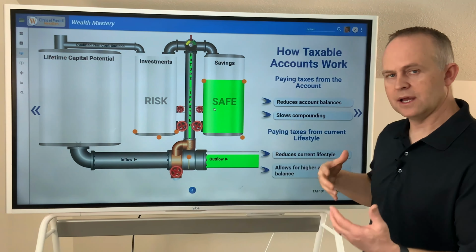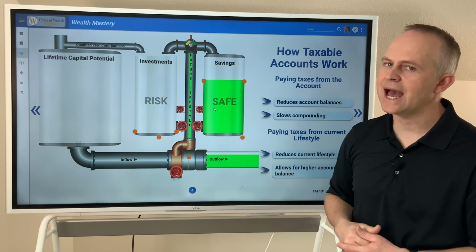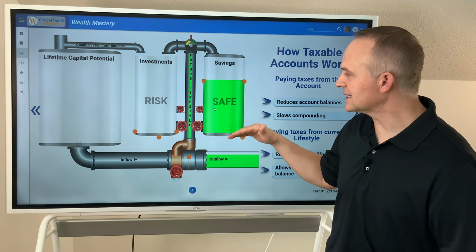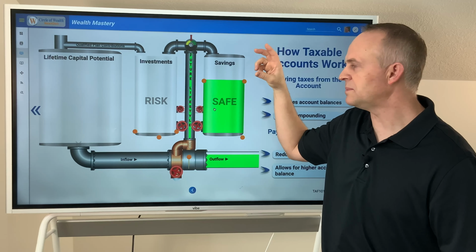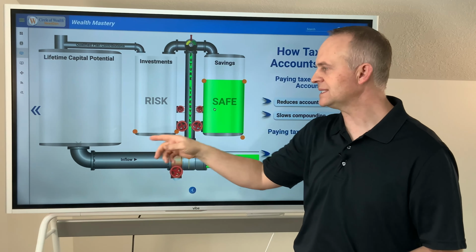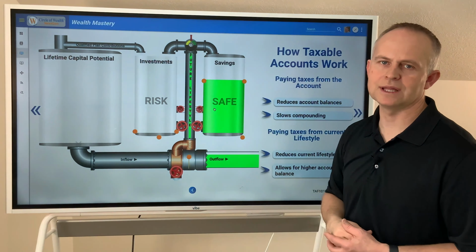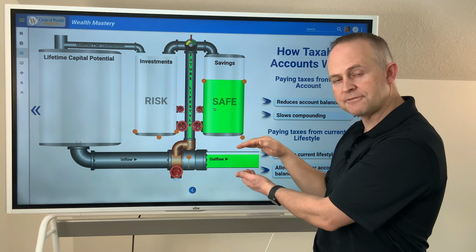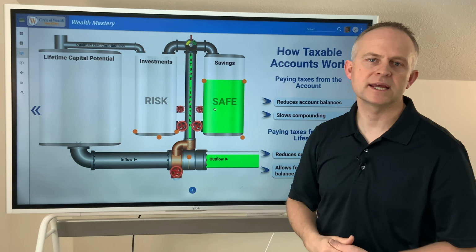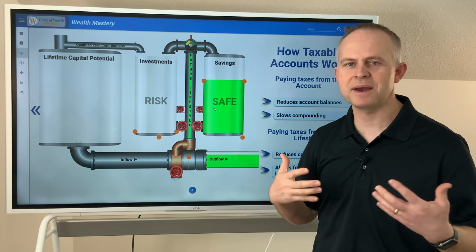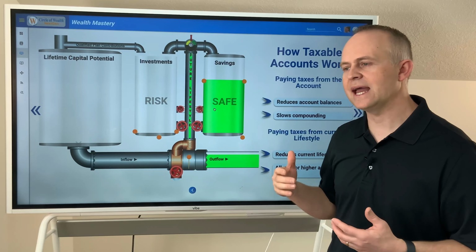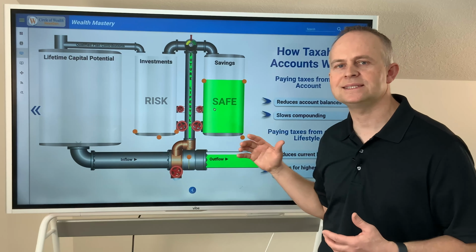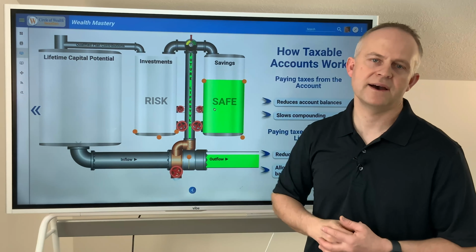Now, your account, of course, is going to have a higher balance because it's just going to keep compounding, and all that growth is going to be taxed, but it's going to be taxed out of your current lifestyle, therefore affecting the spendable income that you have. Now, once again, remember, opportunity cost is going to be the theme of this whole course, and that is, if we didn't have to pay these taxes, what could that money have done for us?